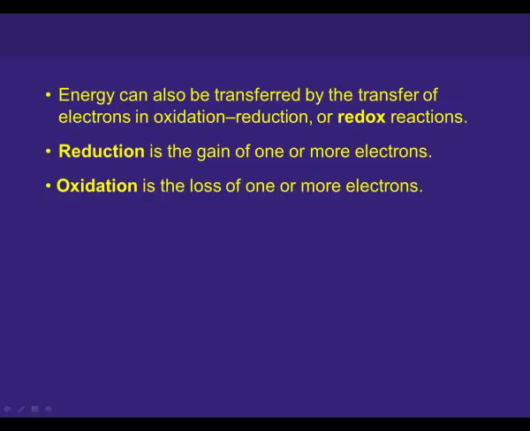In redox reactions, energy can be transferred by the transfer of electrons. A reduction reaction involves the gain of one or more electrons and is an endergonic reaction, whereas an oxidation reaction involves the loss of one or more electrons and is an exergonic reaction.